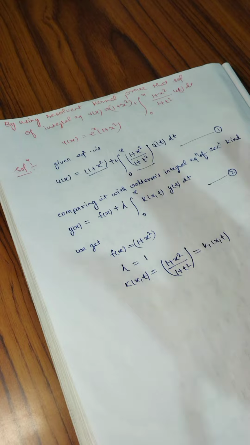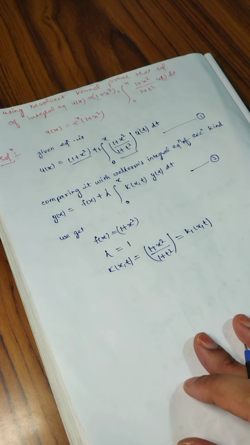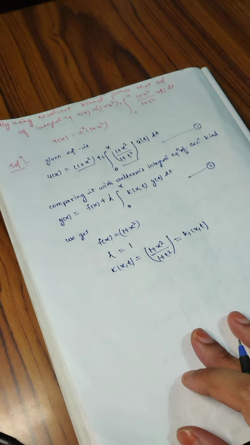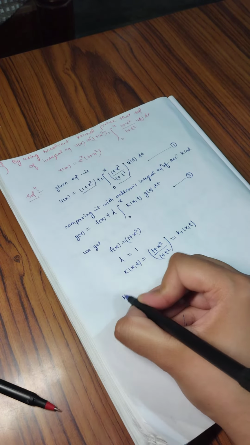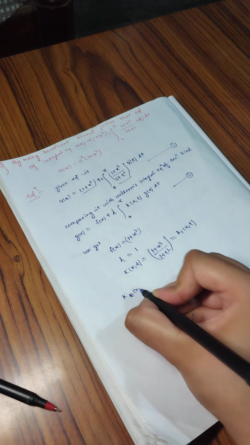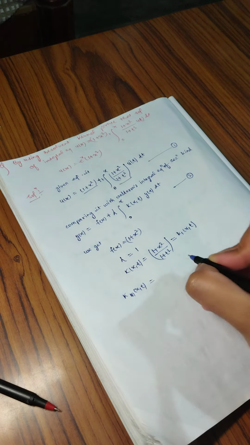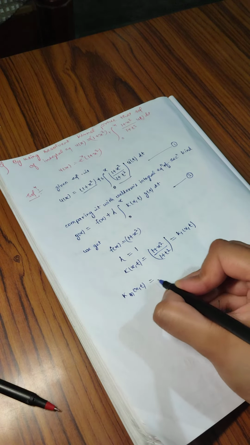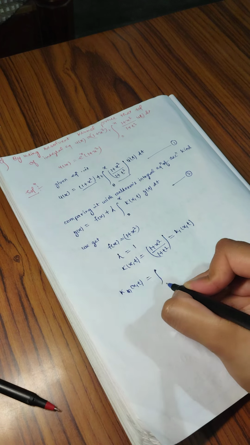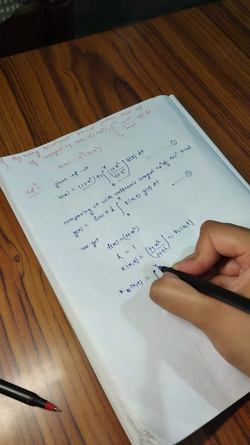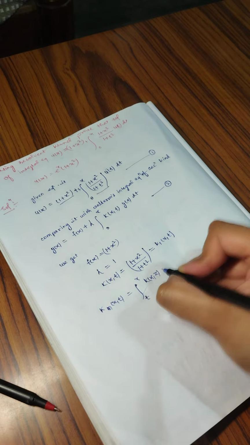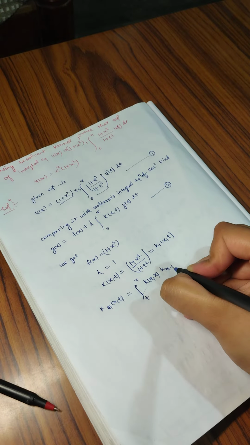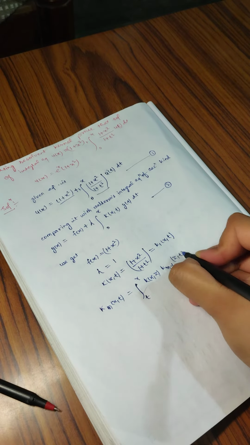In order to find the resolvent kernel, you have to find k1(x,t), k2(x,t), k3(x,t). We know that km(x,t) is the integral from t to x of k(x,z) times k(m-1)(z,t) dz.